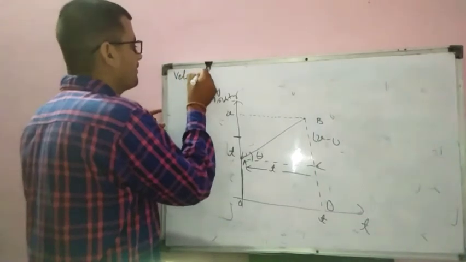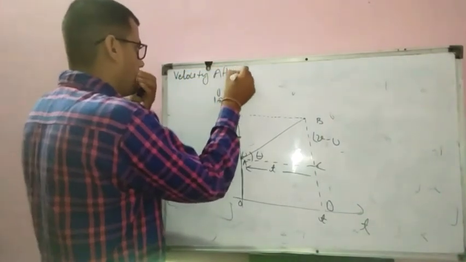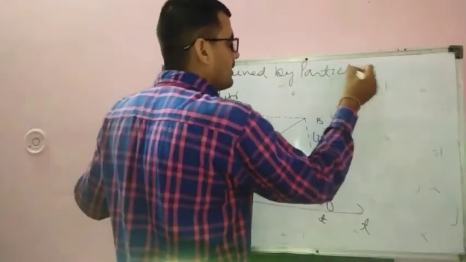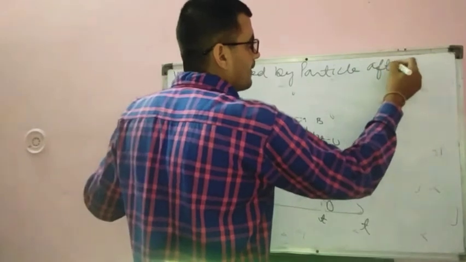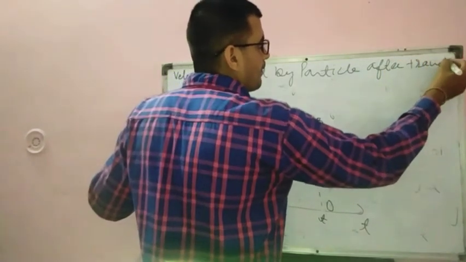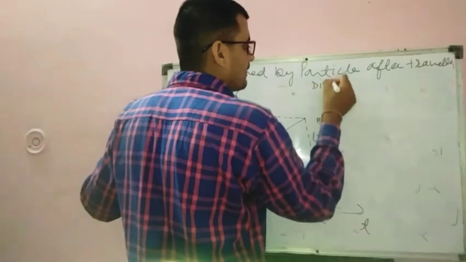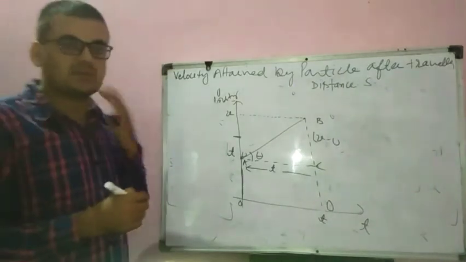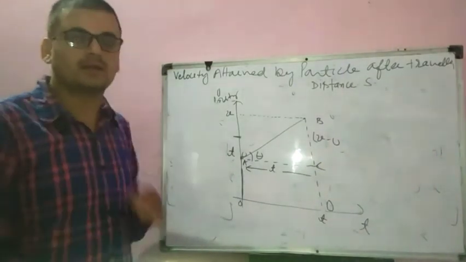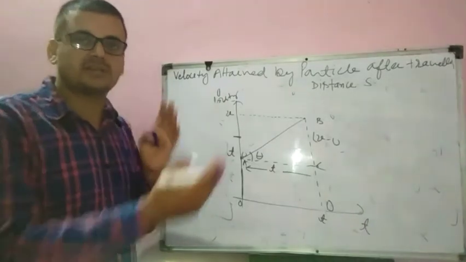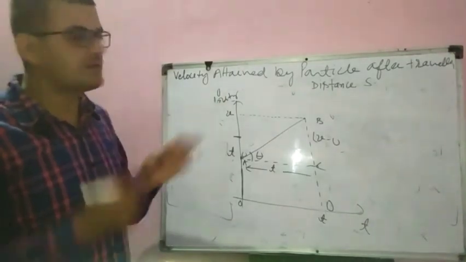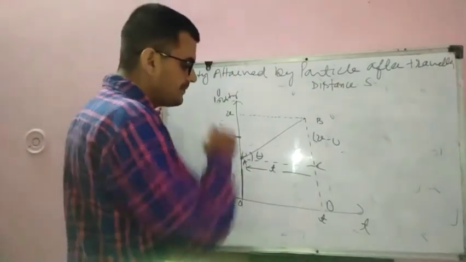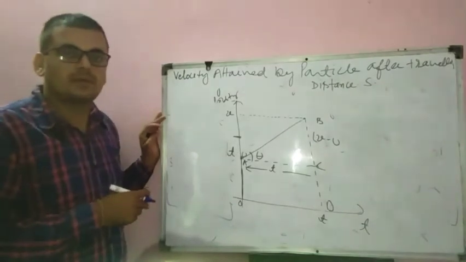In the previous derivation we have calculated the total distance traveled by the particle. So when the body has traveled the S distance, then what will be the velocity at that time? So this is the third equation of motion.